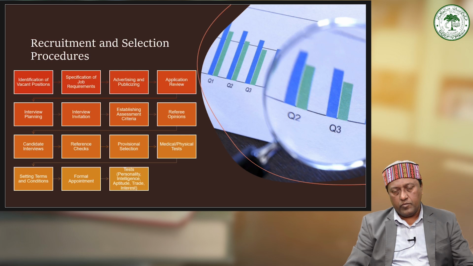For example, the library administration identifies the vacant positions within the library, such as librarian, library assistant, and cataloger, based on the staffing needs and the organizational objectives.